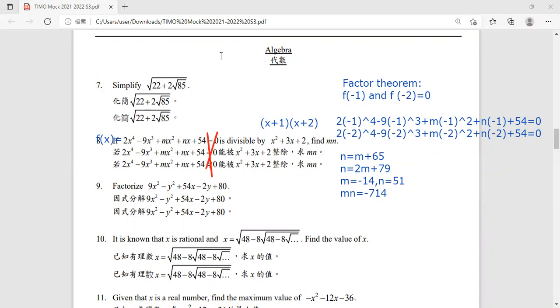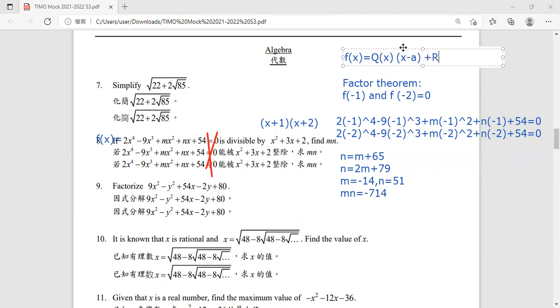I use the factor theorem here. Anybody don't know what the factor theorem is? If you don't know, I will explain it a little bit more. Now for f(x), if it can be divisible by x minus a, then I will have a quotient, let's say q(x), times x minus a, plus a remainder.